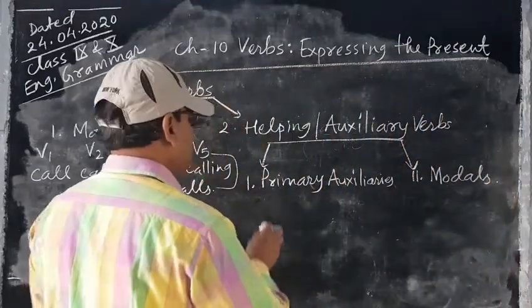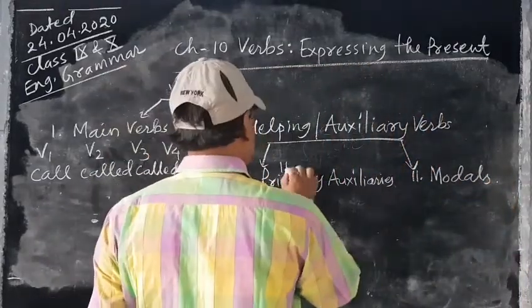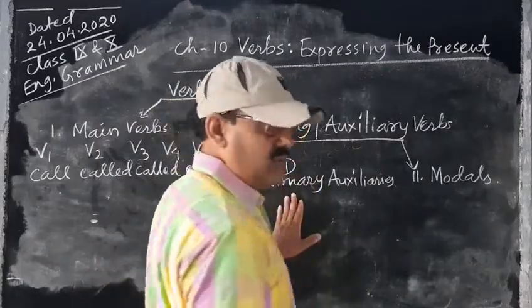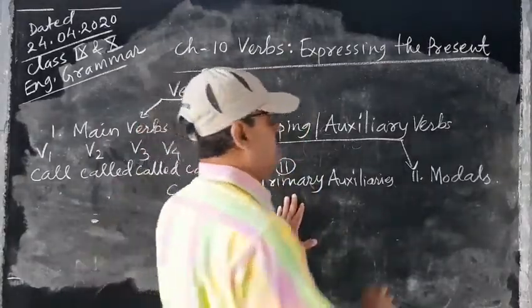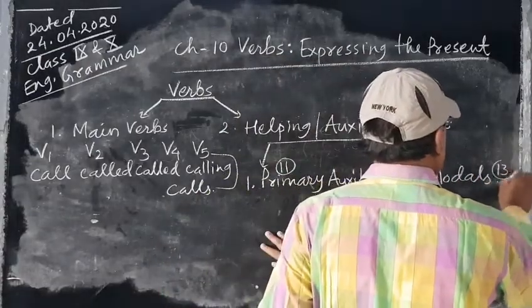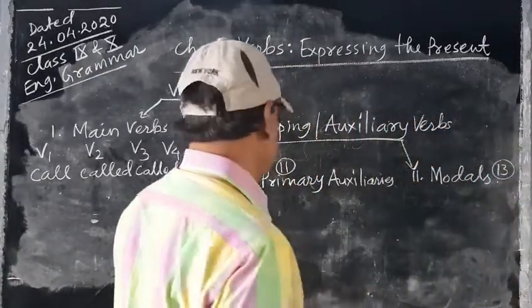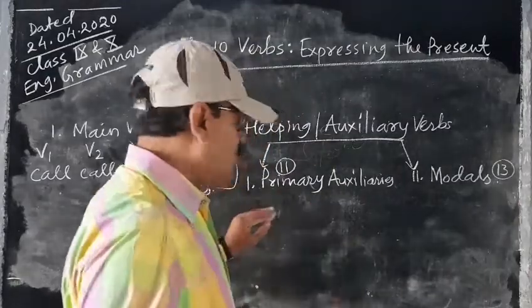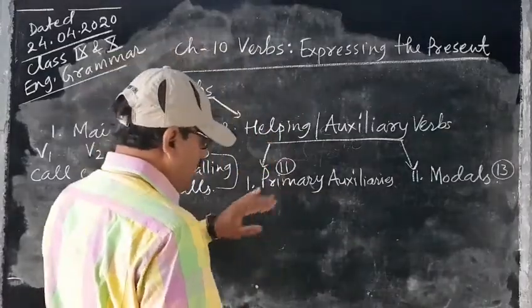In primary auxiliaries, there are 11 different forms of primary. And the modals, there are 13 modals, and we have already studied it also. We are just recalling.